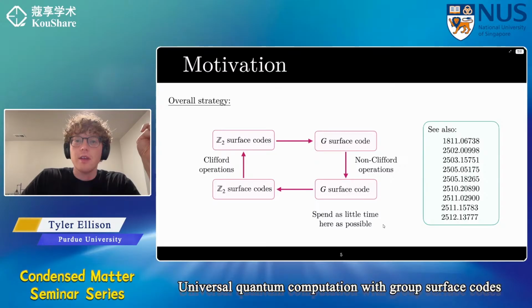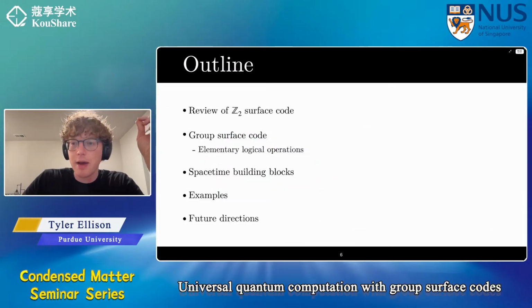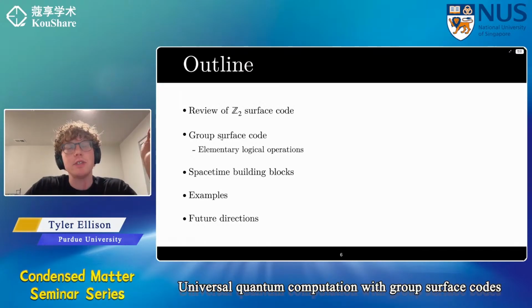Here's the outline for the talk. I'm going to start by reviewing the Z2 surface code. If you're familiar with the Z2 surface code, you can think of this as just setting notation for group surface codes. I'll then describe a set of elementary logical operations that we can perform in group surface codes.